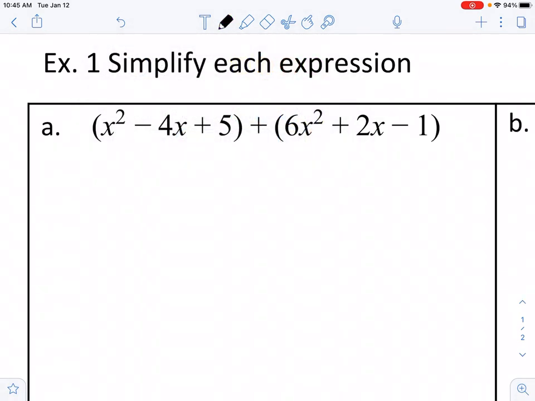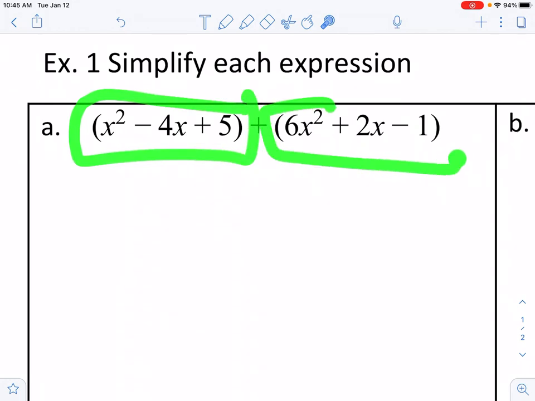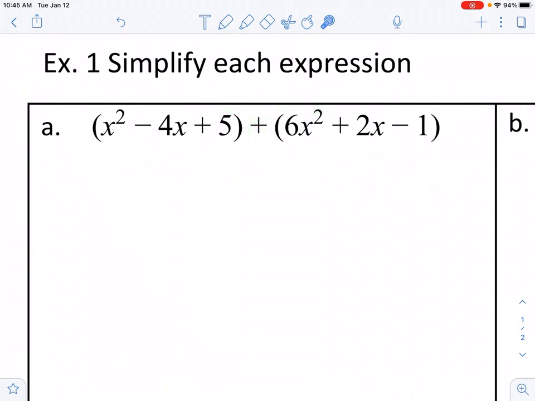And so here's what I'm going to do. This plus sign means that I'm taking my first group values and I'm adding my second group values to it. So I'm going to line up my x squared in this column. I have an x squared.